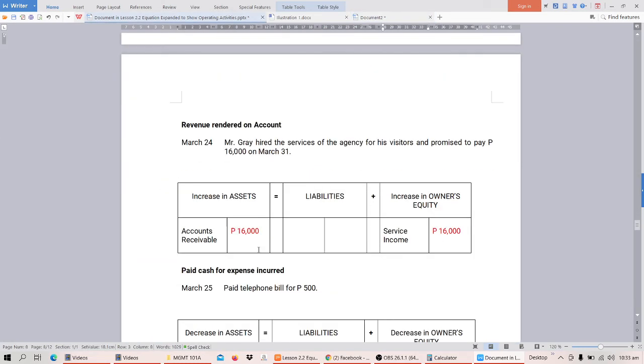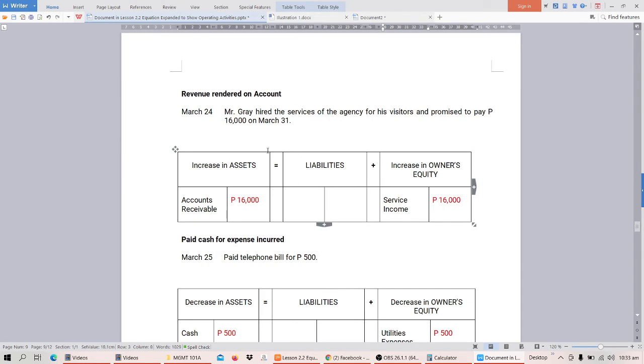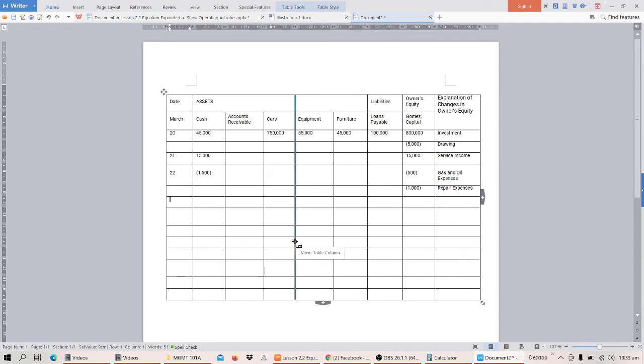So on March 24, there is an increase in your asset in the form of accounts receivable. March 24, accounts receivable, how much? 16,000 pesos. At the same time, a corresponding increase also in your owner's equity amounting to 16,000 pesos.